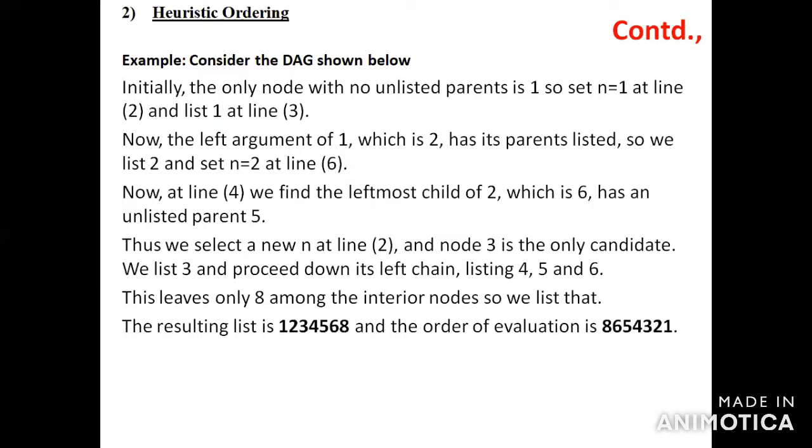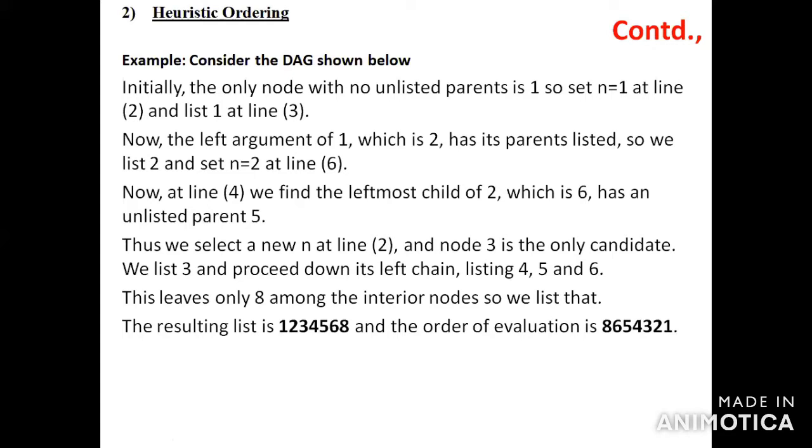Okay, the heuristic ordering algorithm we have to apply. First you have to visit the parent node. So in that parent node we have two children. So first you have to visit the leftmost child. After completing the leftmost child, we have to visit again the leftmost child of the parent of the leftmost child. Before that you have to check whether the leftmost child of the parent has been visited or not.